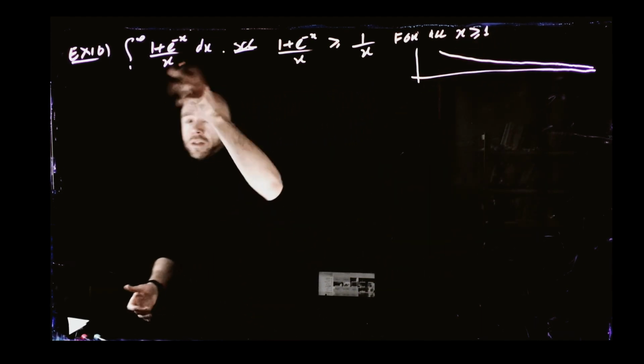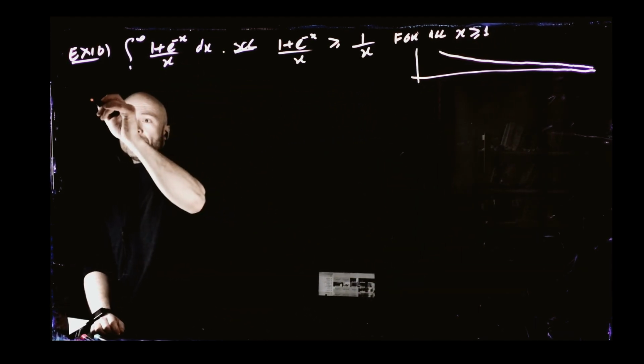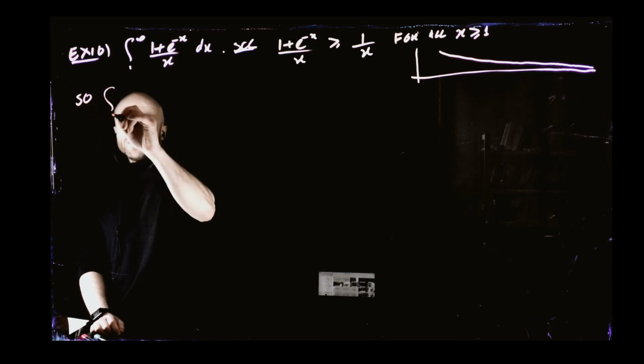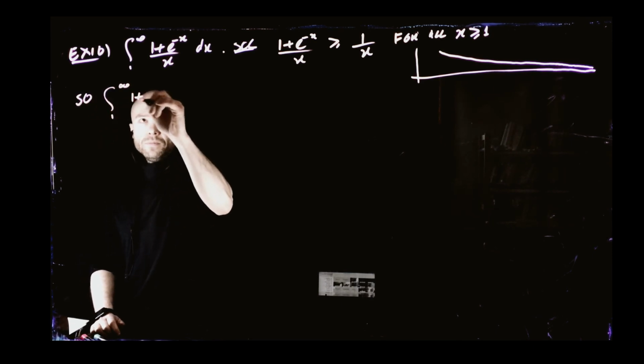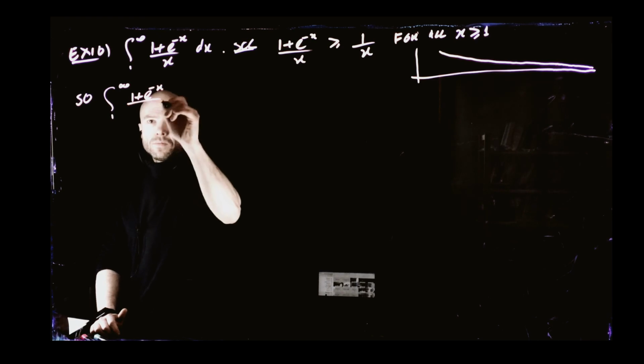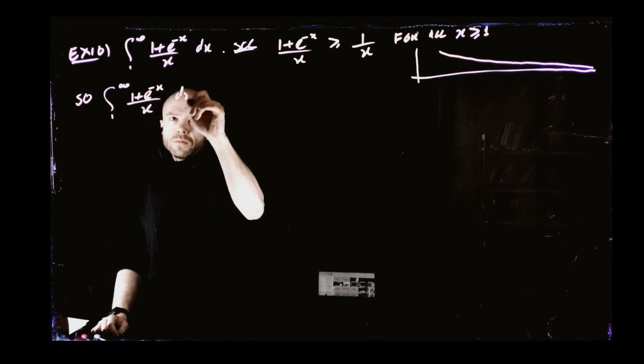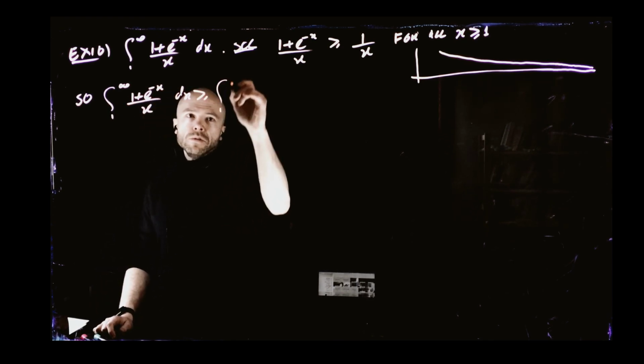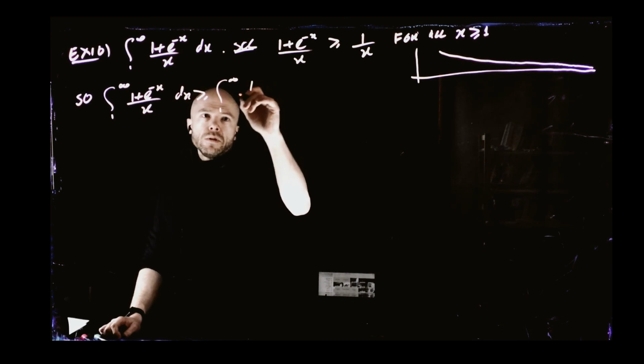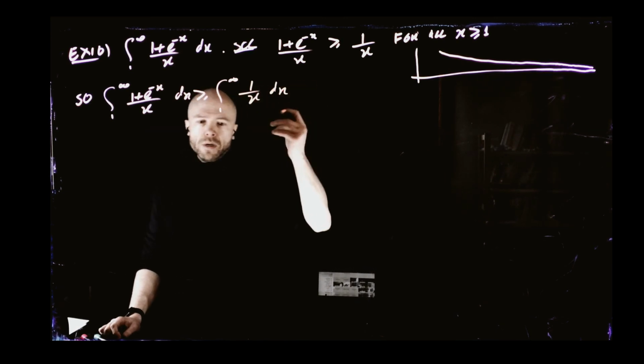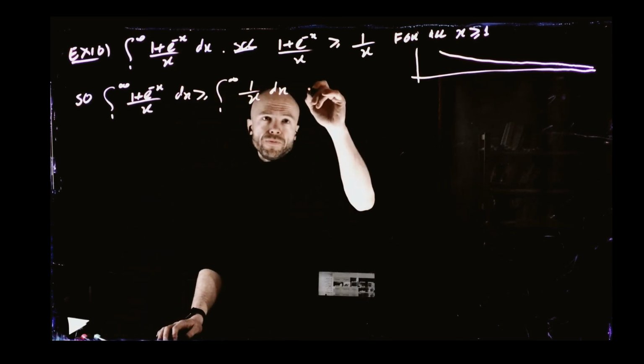So straight away we can just apply the comparison principle, and we know that this thing is bigger than or equal to this thing, which diverges.